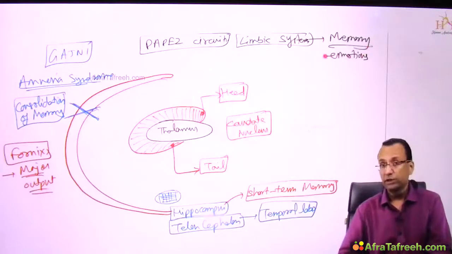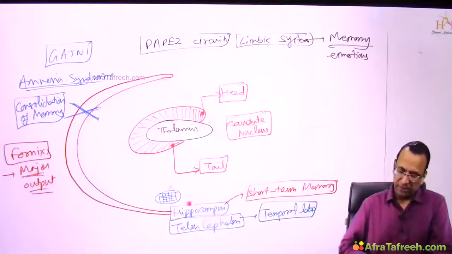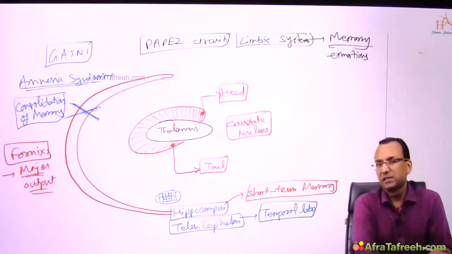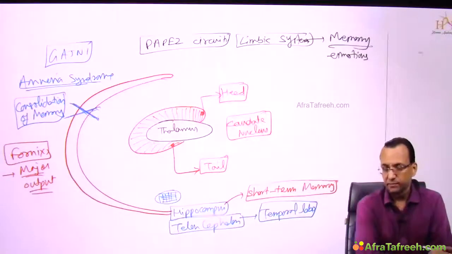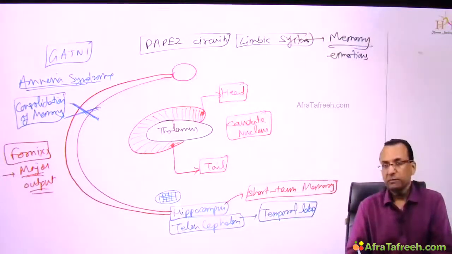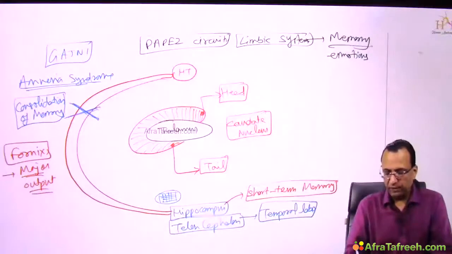But point is, when hippocampus is sending information via the fornix, where is the information going? It is a circuit. It must complete. It is sending the information towards the hypothalamus, which will then send it to the thalamus.